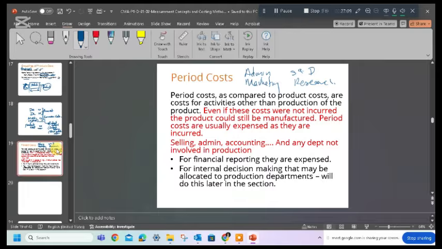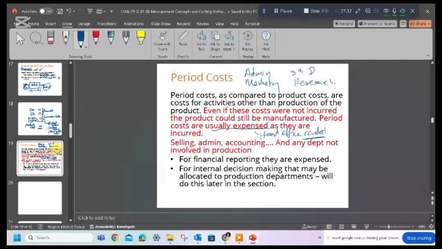Period costs are usually expensed as they are incurred. If I briefly explain now, take factory rental or, let's say, head office rental. Each month, whatever the amount of rental, it is shown in the P&L as an expense. But we may not do the same for factory rental.